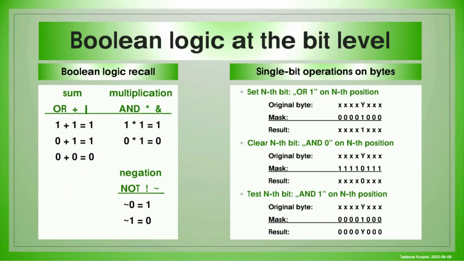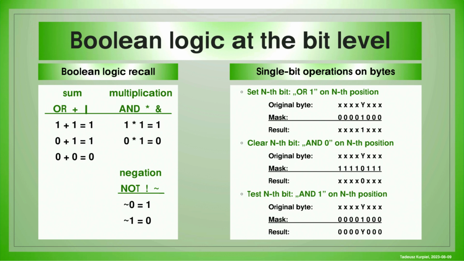To fully understand the whole process, let's recall the basics of Boolean logic at the bit level. You may remember that there are 3 basic bit level operations. First, the logical sum, known as the OR operation, with plus or a vertical line as the operators. Here we get 1 when at least one of the operands is 1, and 0 only when both of them are zeros.